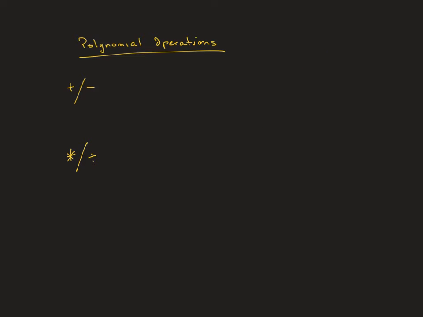Right here it says we're going to evaluate. So polynomial operations: when it says that we're going to combine these, we'll just use f of x plus g of x. And that could be addition or subtraction, but I'm going to take this function f of x and add it to g of x.